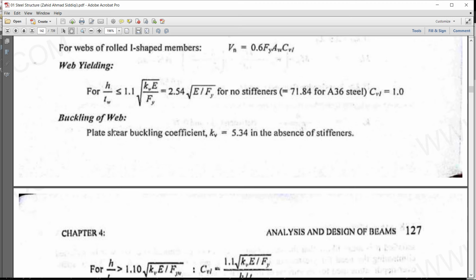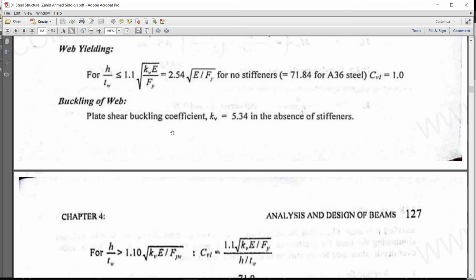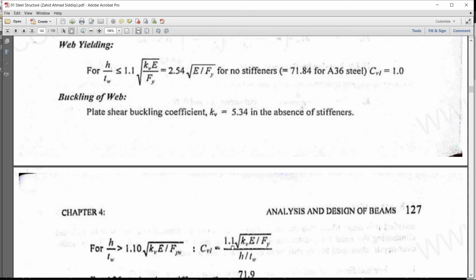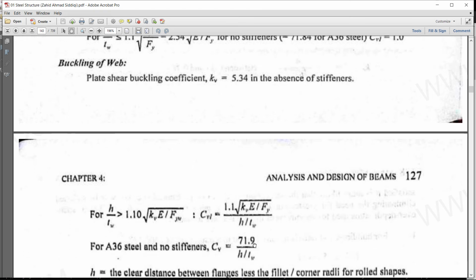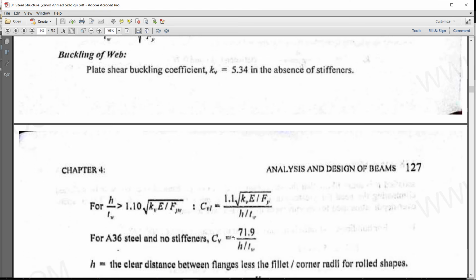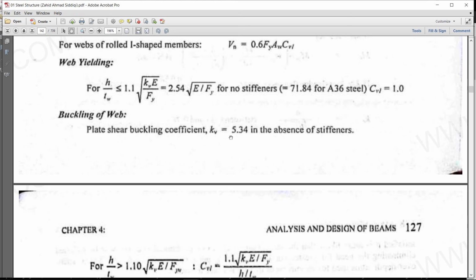And if the web buckling criteria is satisfied, then we will calculate the new value of Cv1 equal to 1.1 times the square root of the whole formula. Here is the simplified formula when we put in the modulus of elasticity and the yield strength of A36 steel. So that's how we will calculate the shear strength of the beam.